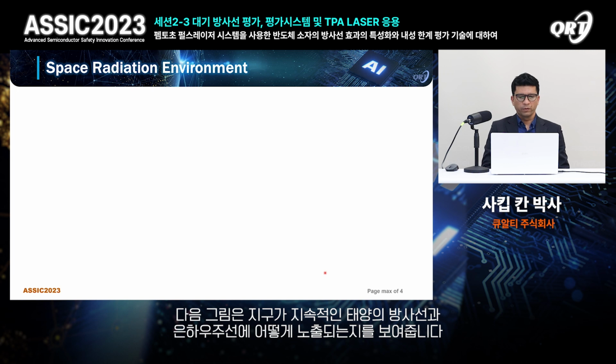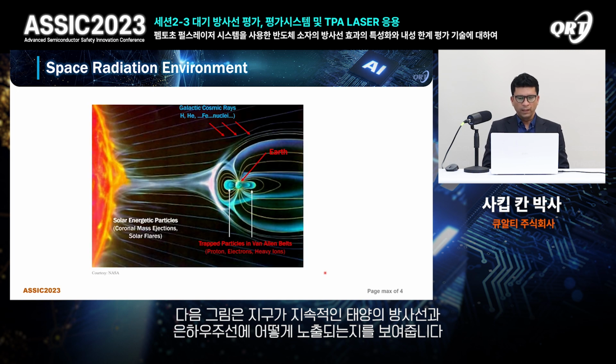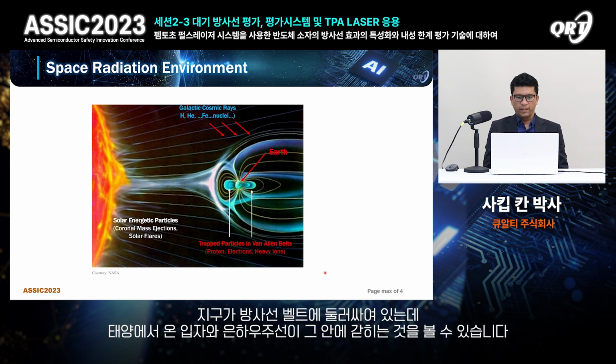So the next figure shows how our earth is exposed to continuous radiation from the sun as well as radiation of galactic origin, galactic cosmic rays. You can see that our earth is surrounded by the radiation belts, and they trap the particles from the sun as well as from the galactic cosmic rays.